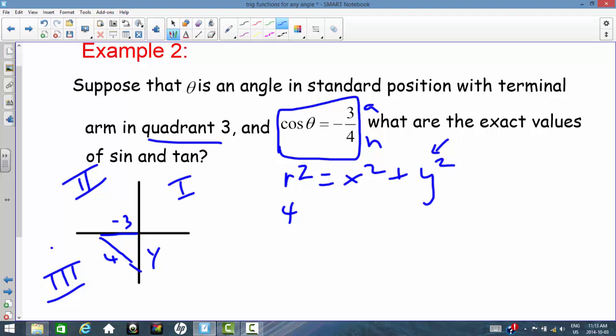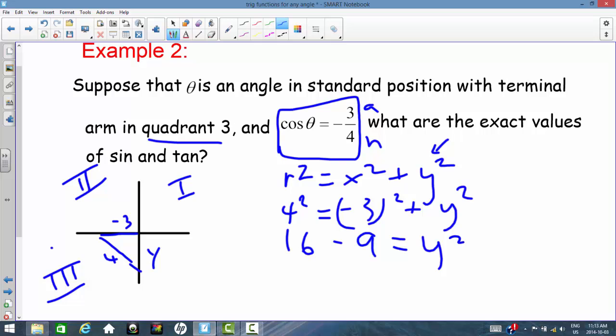So this is 4 squared equals negative 3 squared plus y squared. And this is going to be 16 minus 9 equals y squared. 16 minus 9 is 7, and so that gives me y squared, and y is equal to square root of 7. Okay, it's also negative because it's down, so this will be negative square root of 7.